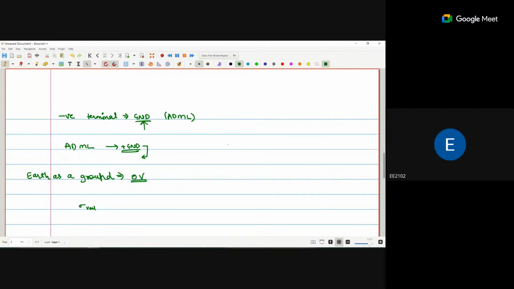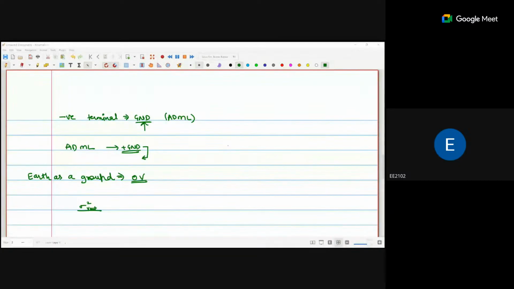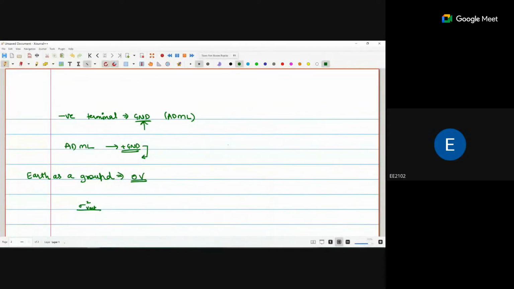Sigma square del V out upon V out, that is, sigma del V out upon V out.